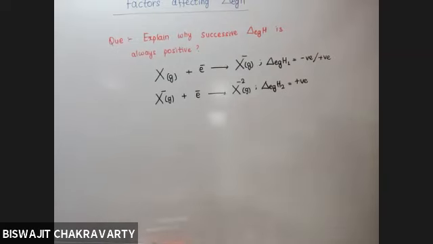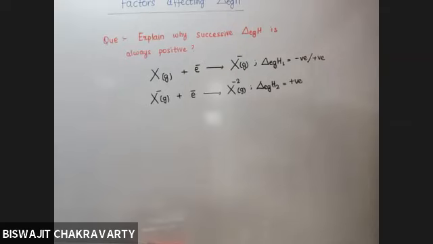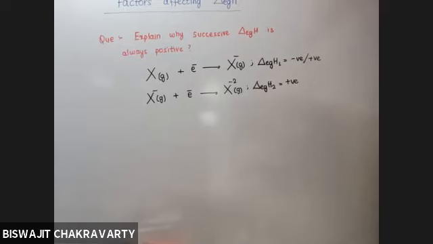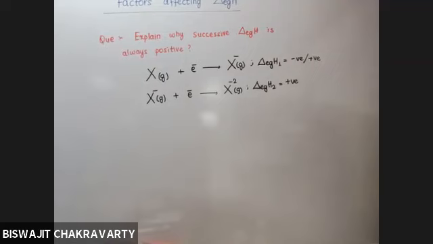When you are adding an electron, you are adding it to a neutral species or not? Yes, sir, an atom. So when you are adding an electron to the atom, depending upon the nature of the atom, if it is short of one electron, it will accept the electron very easily.